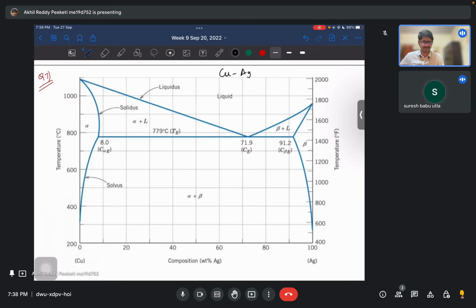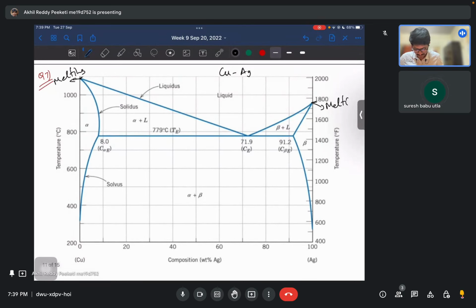See, the maximum solubility points are simple. These are basically the extreme points. These are the melting points, and these are pure phases. Now let's say you are slowly increasing from the 0 phase Ag. How much can you have a proper solid solution? So this is the maximum point.